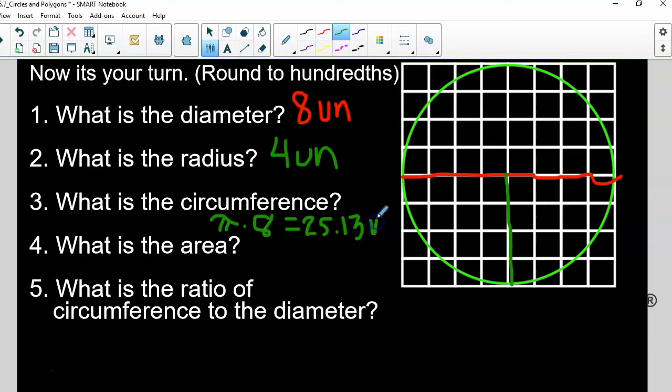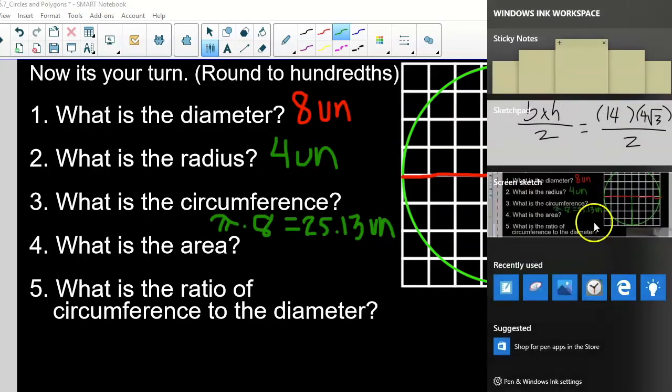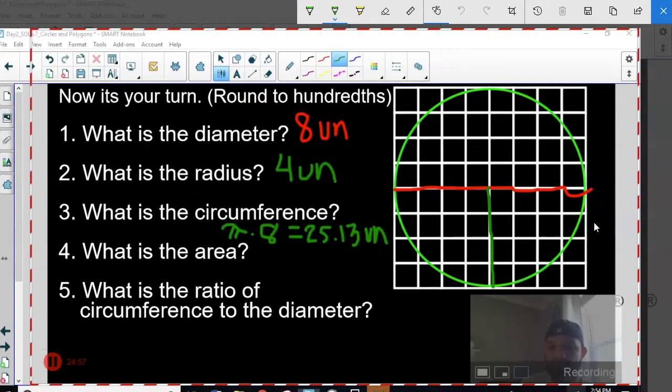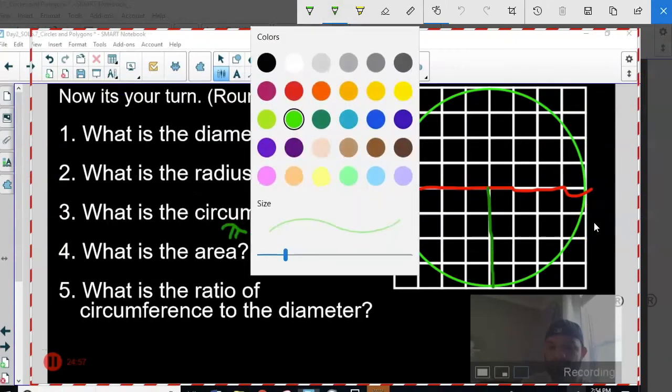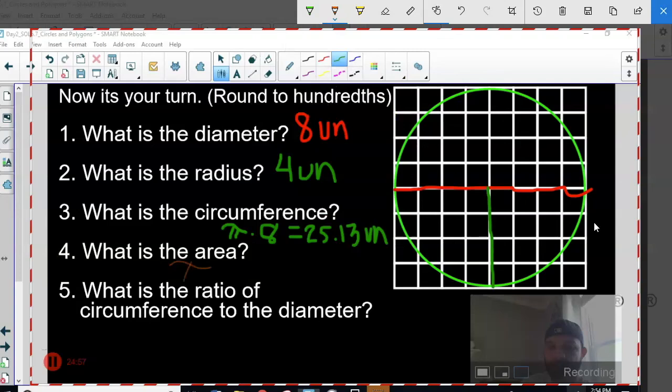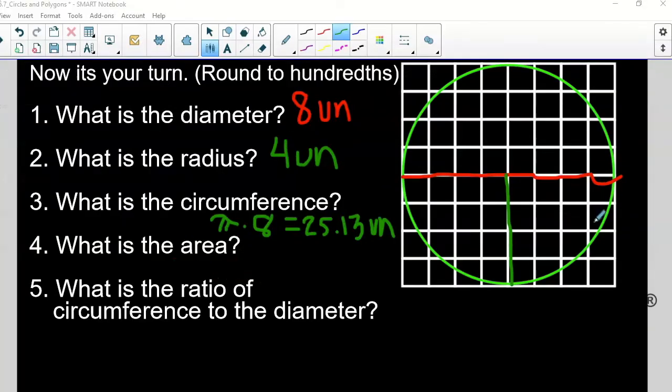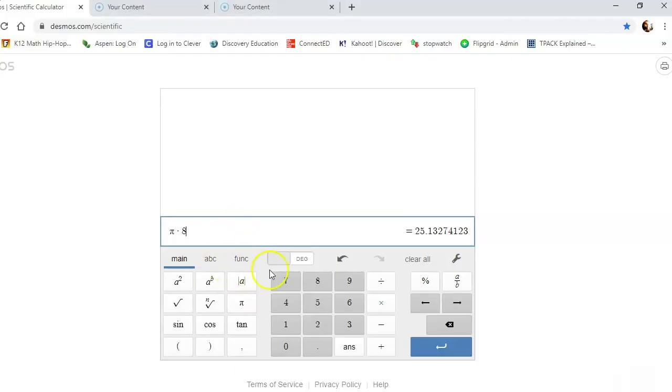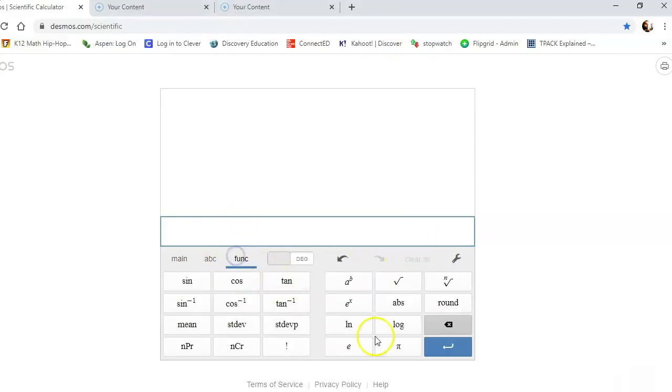Okay. Now, what is the area? The area is pi times the radius squared. In this case, our radius was 4. So we go to our calculator, pi times 4 squared. I'm going to clear this function button.